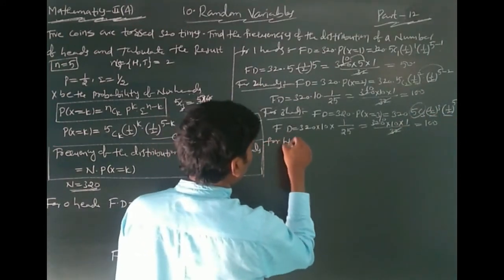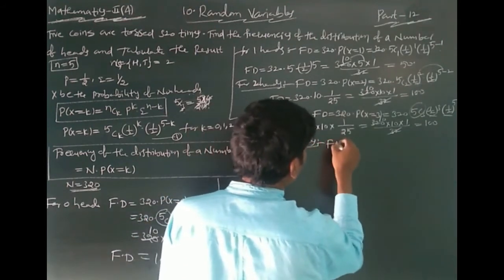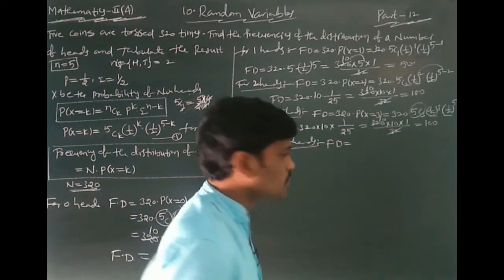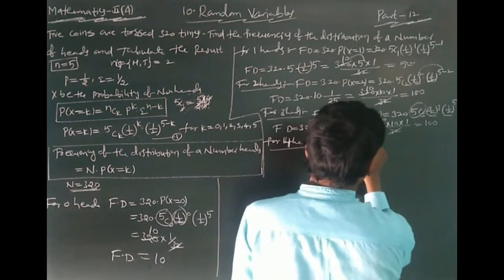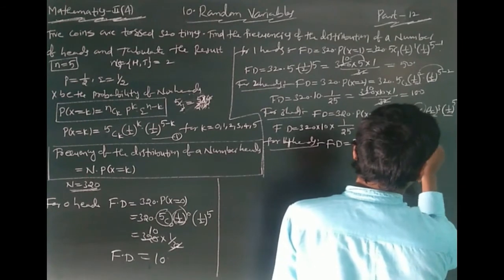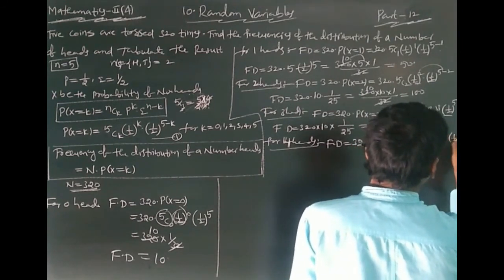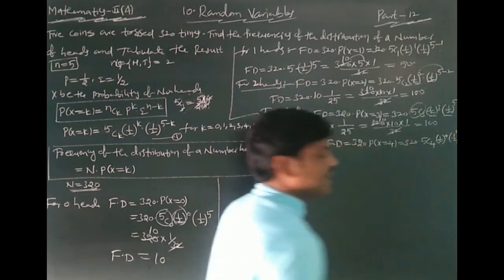Next it goes to 4 heads. The frequency distribution is equal to 320 into P(X = 4). You can write 320 into 5C4 into (1/2) whole power 4 into (1/2) whole power 5 minus 4.